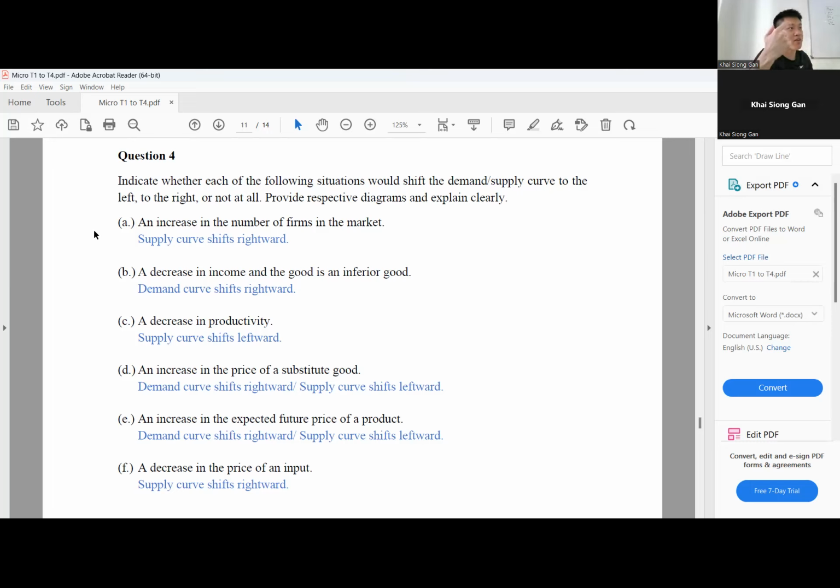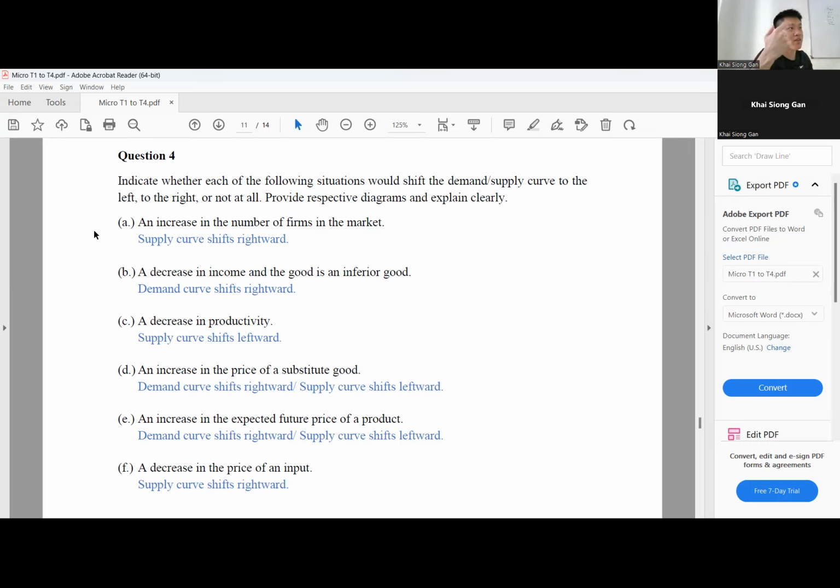Yes, quantity supplied of corn increases. So do you still want to supply wheat? No, the supply will decrease, will shift leftwards. Why? Because now you produce corn. So this is my answer. You have two answers, either demand increases or supply decreases for this question.